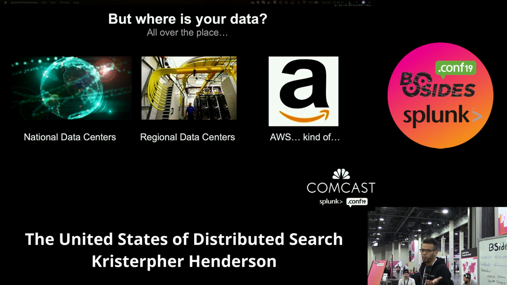There's like 34, 35 plus. And then we pull ingest in from AWS, but we bring it back to Comcast and do the indexing there. So there's not the locality that you would think geographically, like how we do with the national data centers and the regional data centers, but we try to keep that vibe going.